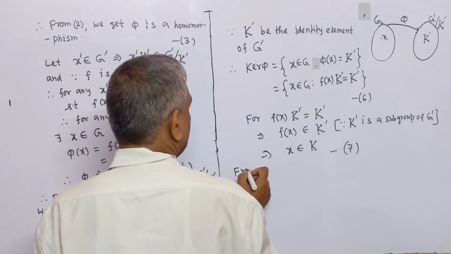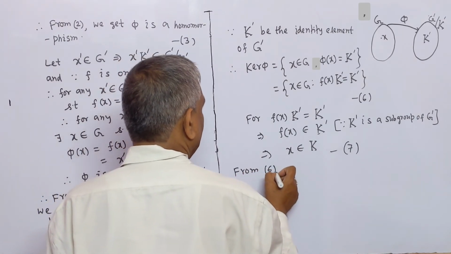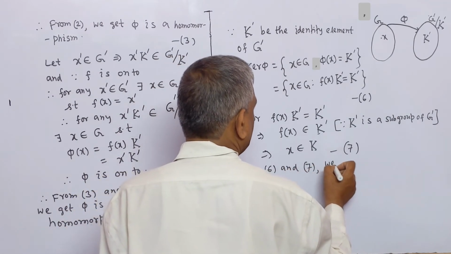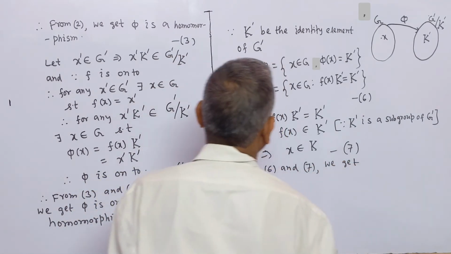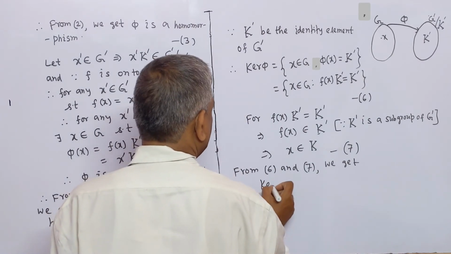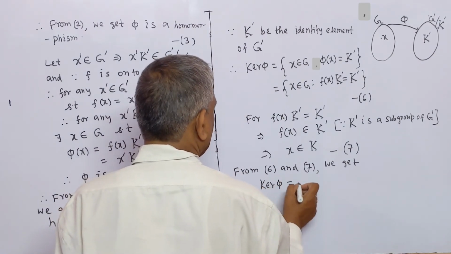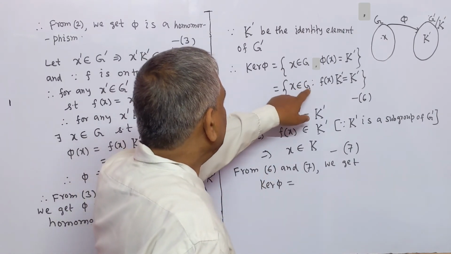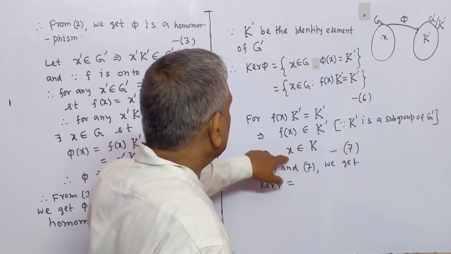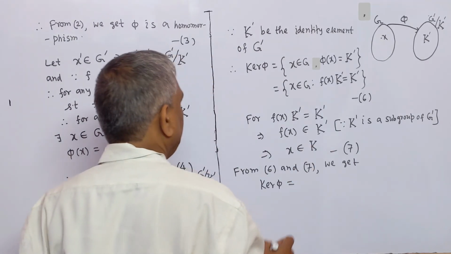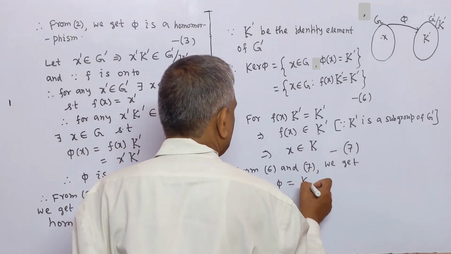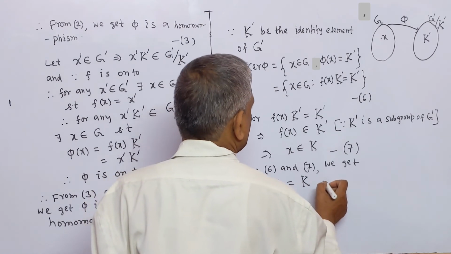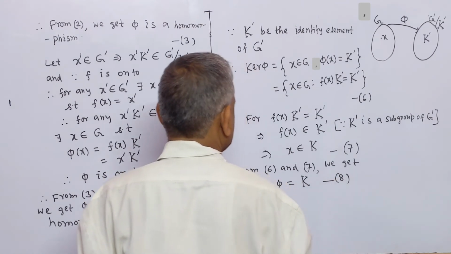From 6 and 7 we get kernel of phi equal to all those elements of group G which belongs to K. That means kernel of phi equal to K. This is number 8.